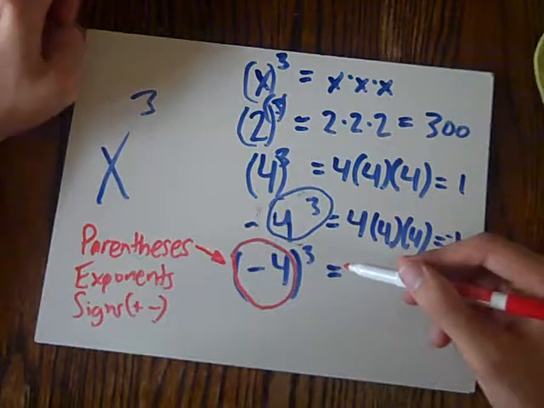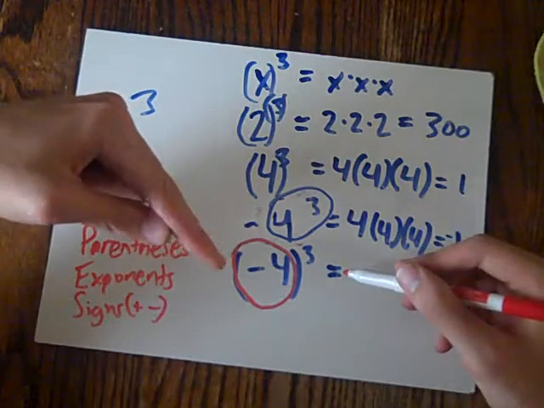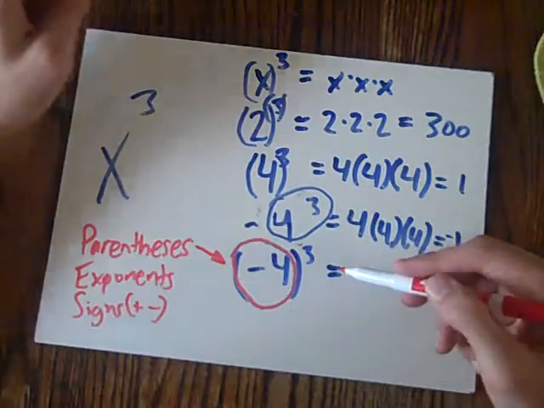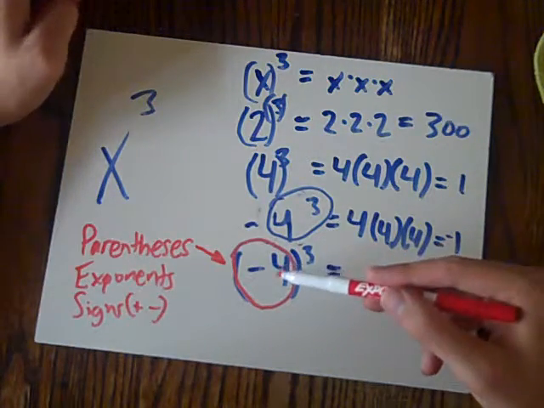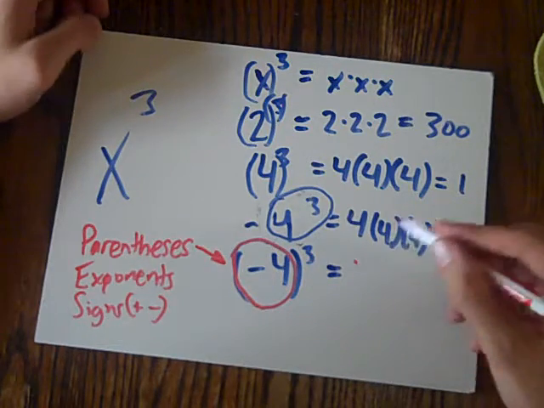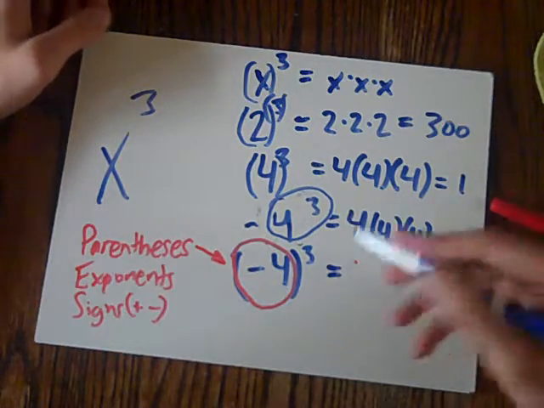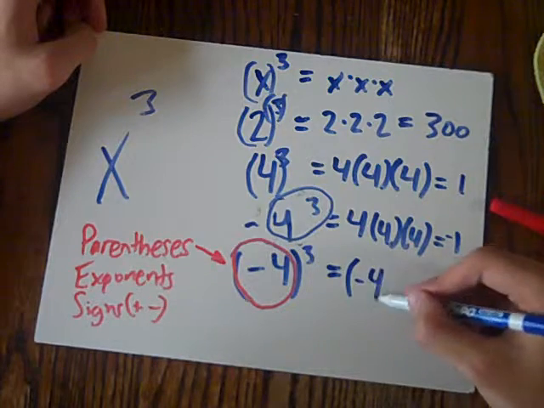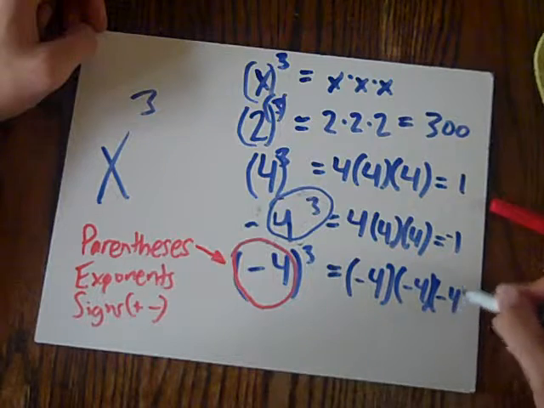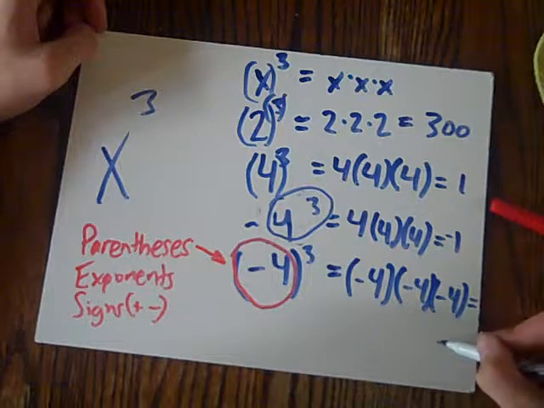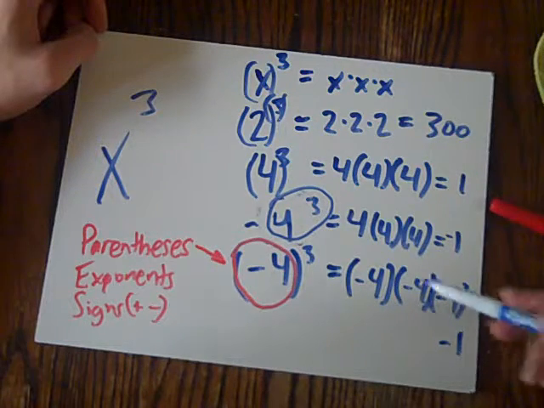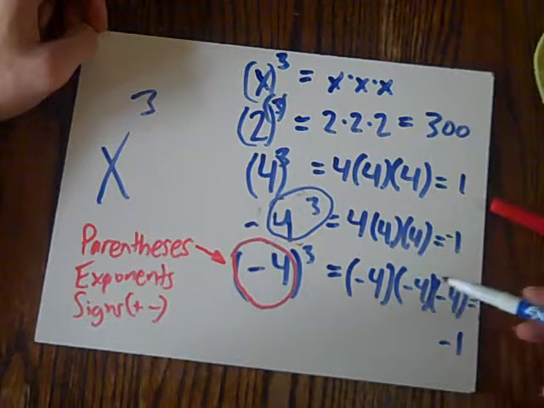So parentheses take precedence, and then exponents do. So we have to multiply -4 by itself: -4 times -4 times -4. That equals -64, since a negative times a negative times a negative is a negative. These are all the same number except for the sign difference.